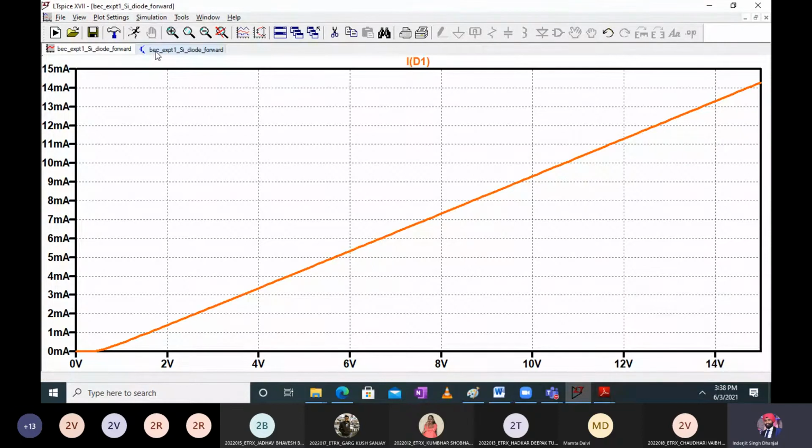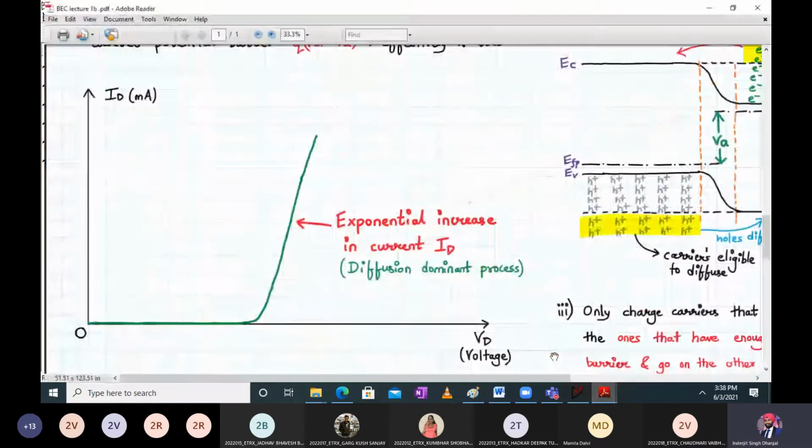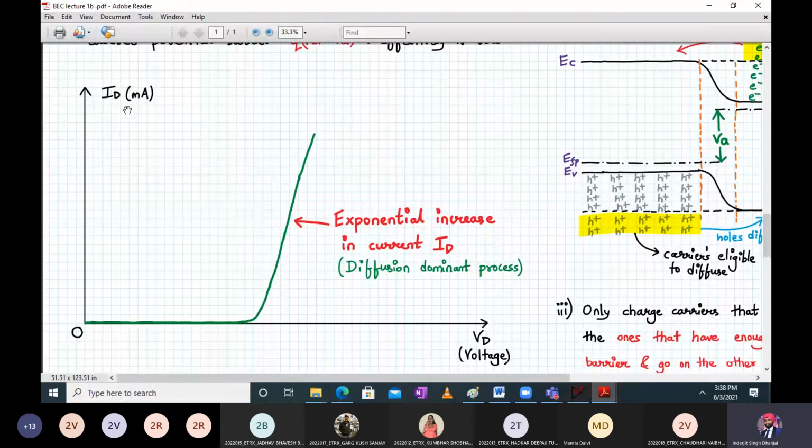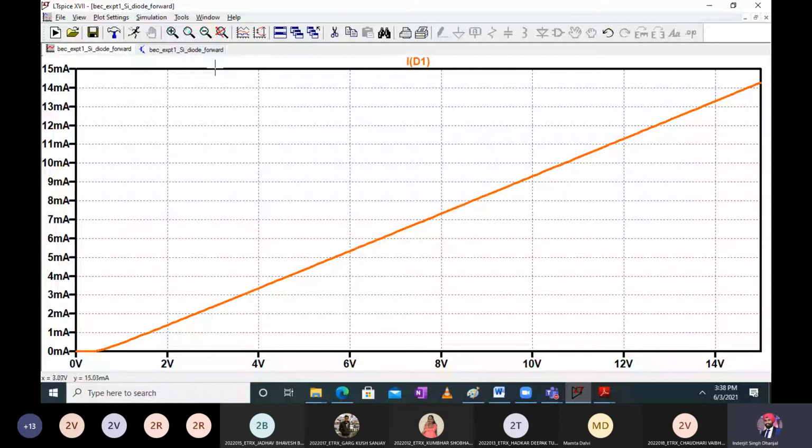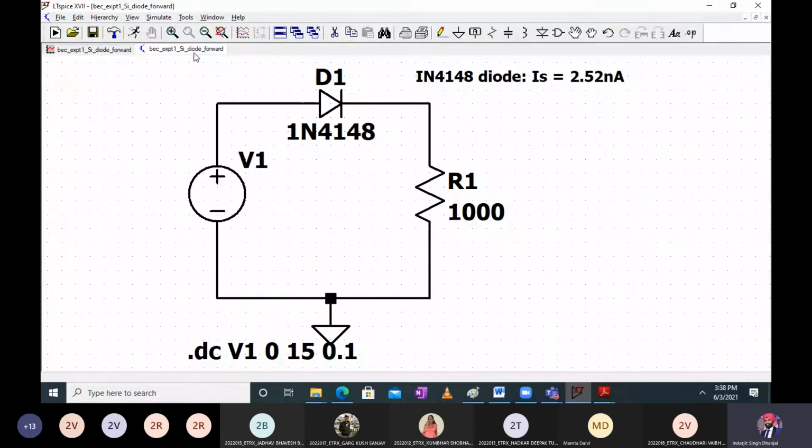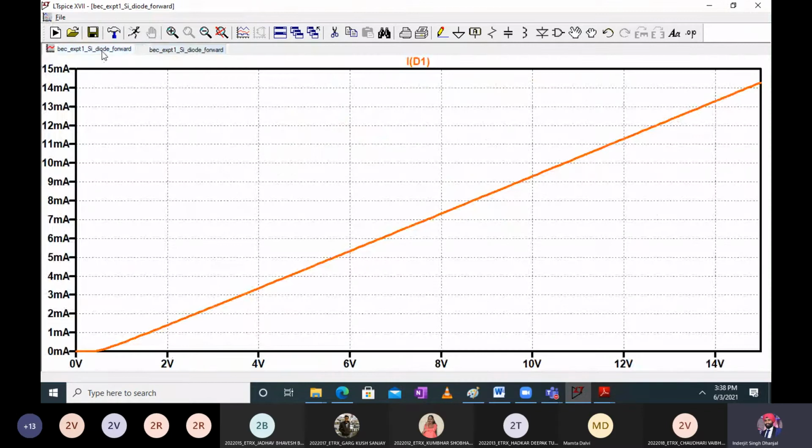But what do you think? Is this the proper graph? We want a graph of VD versus ID, not this. This is the diode voltage. And over here, what is the x-axis? Anyone can tell what is the x-axis in this graph? VD.